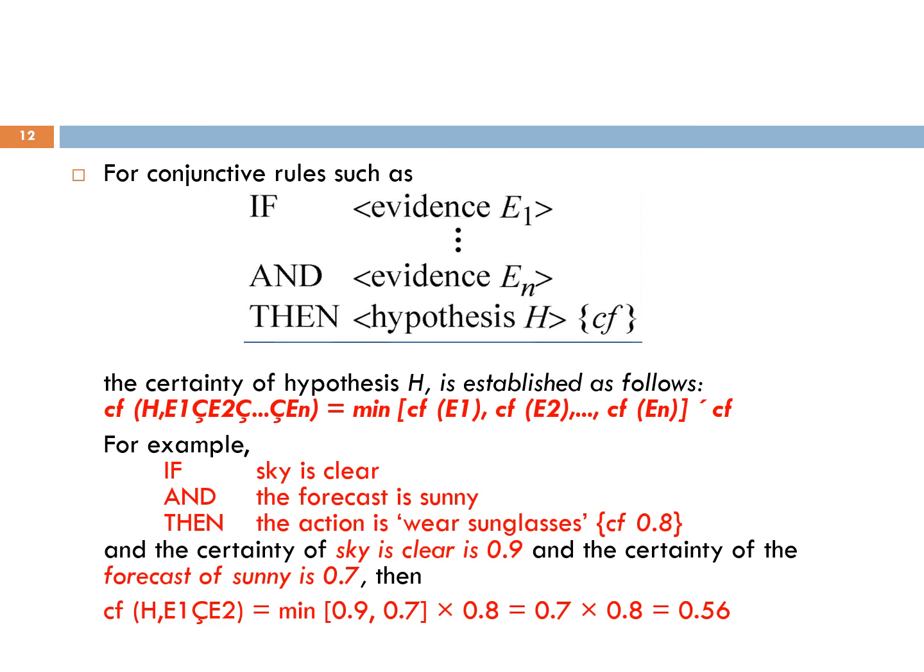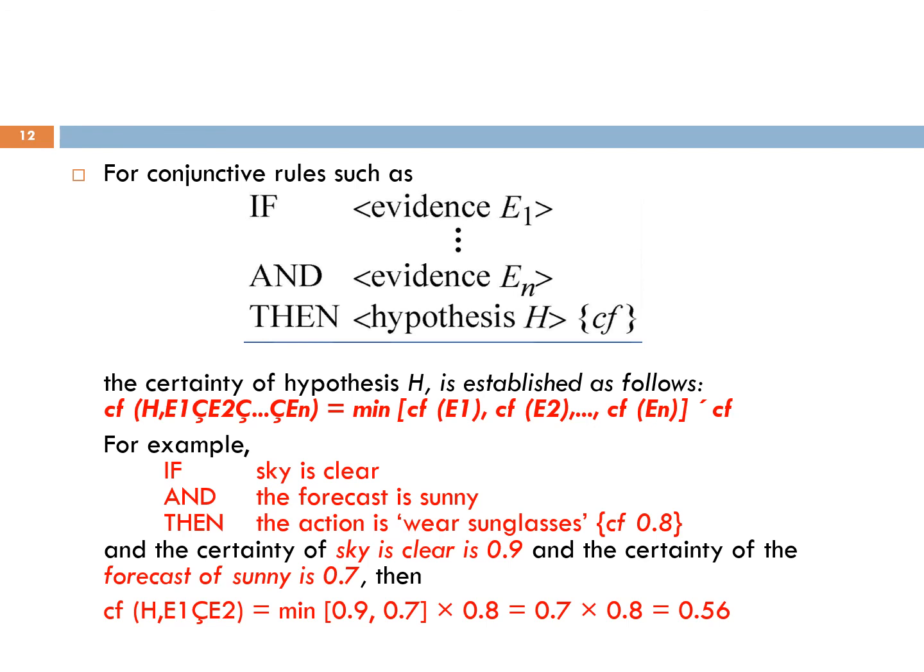Given evidence 1 and evidence 2, which is the conjunction rule, you need to identify from the certainty factor of the sky is clear, 0.9, and the forecast of sunny, 0.7.